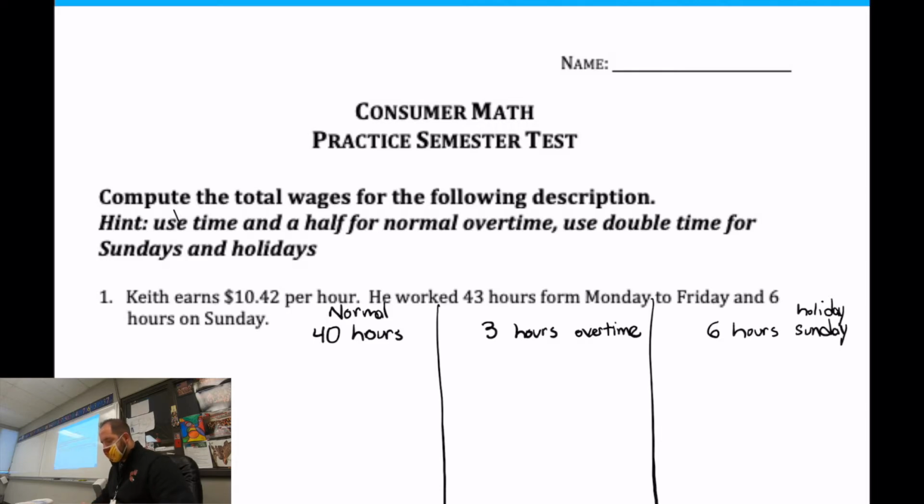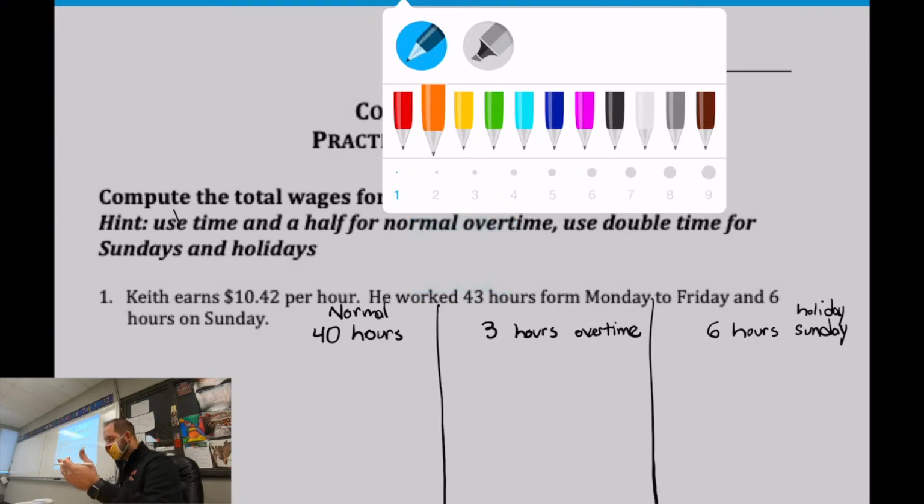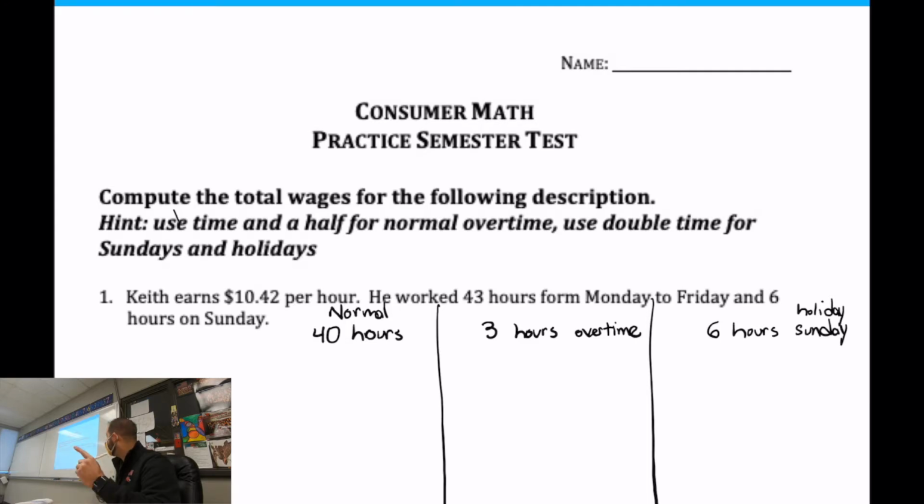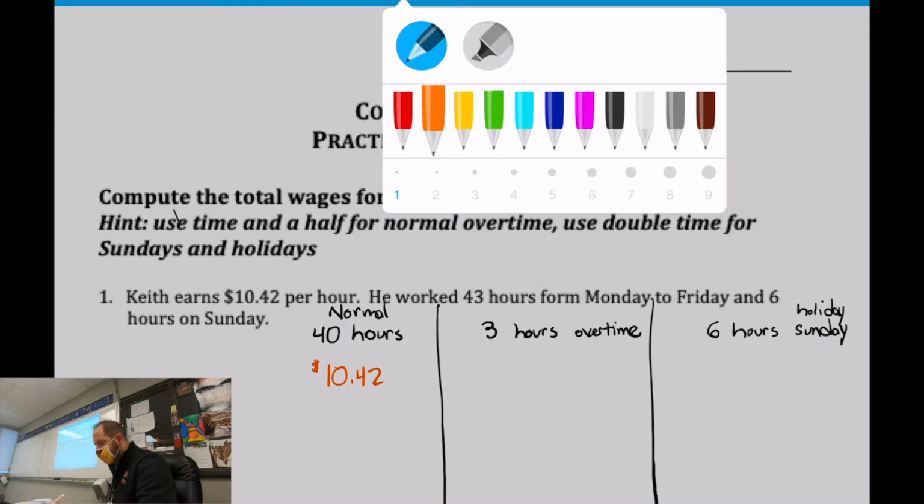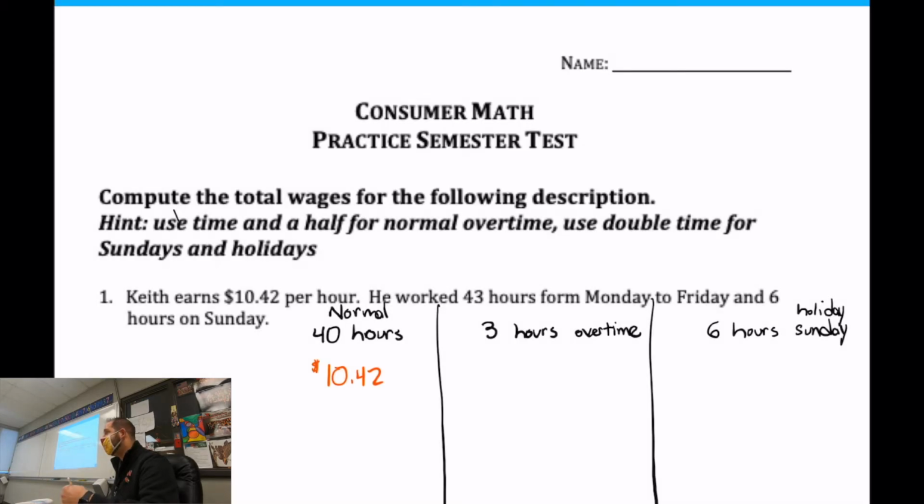But Sunday in this particular case would be double time. So now, what I'm going to do next is figure out what the pay is going to be. So on normal hours, what does Keith get paid? $10.42. Okay. So he gets $10.42 per hour. On overtime, he would get pay and a half. So that means it'd be the 10.42 times full pay, 100%, and an extra half.